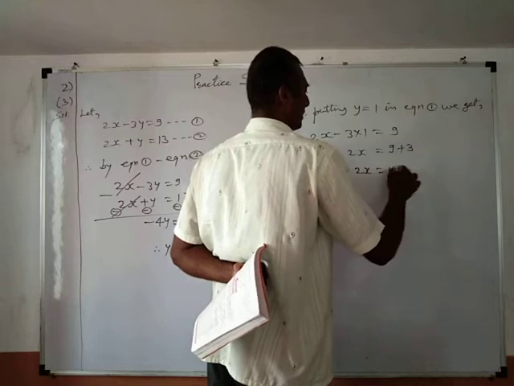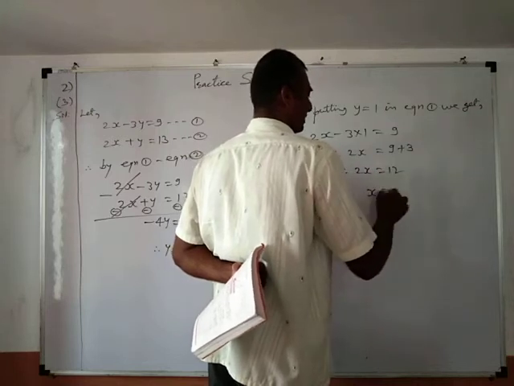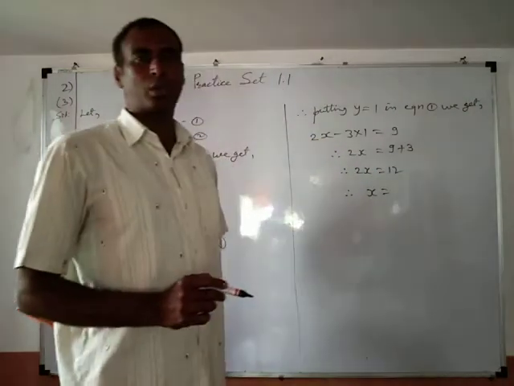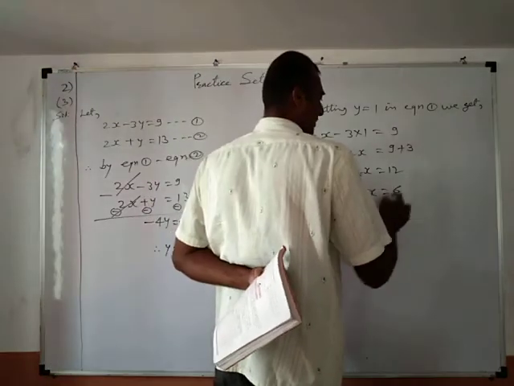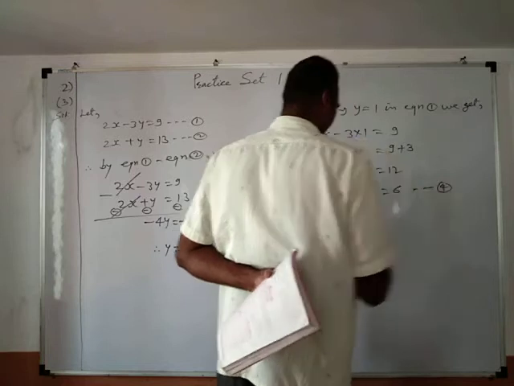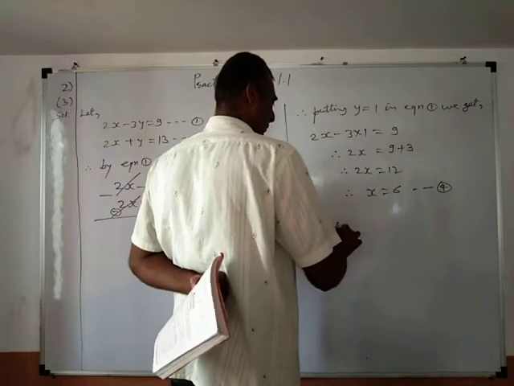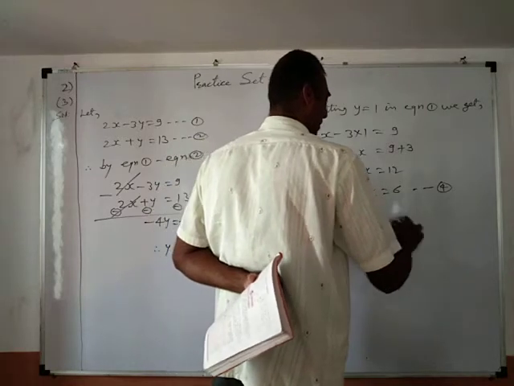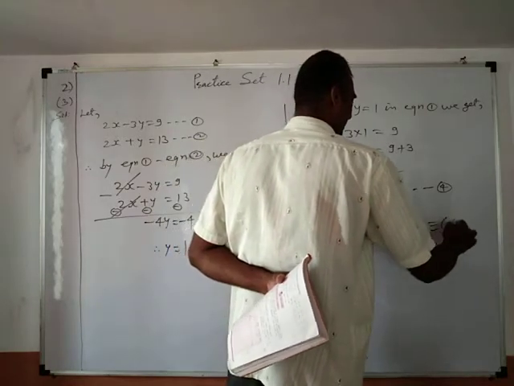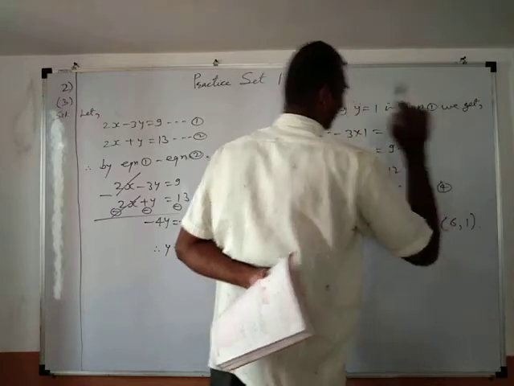Therefore 2x equals 12, and therefore x equals 12 upon 2. 2 ones are 2, 2 6s are 12, gives us 6. And therefore the solution is x comma y, which is 6 comma 1.